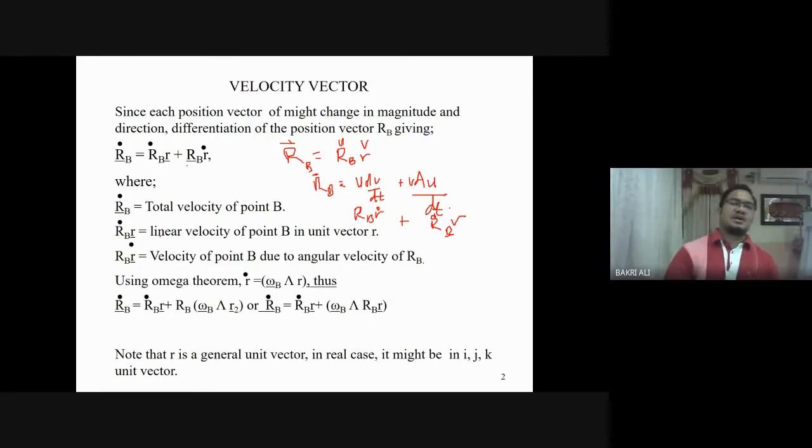extension of the boom. And r_B r dot is the velocity due to the angular rotation, or due to the angular velocity. So angular velocity is given by this r dot.